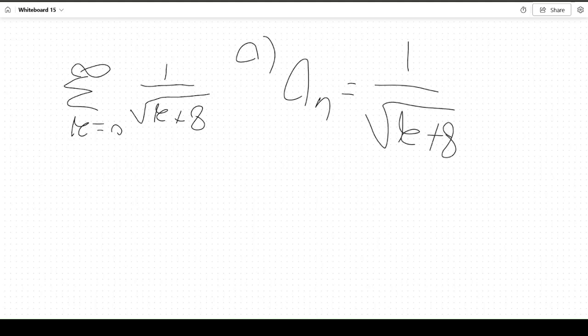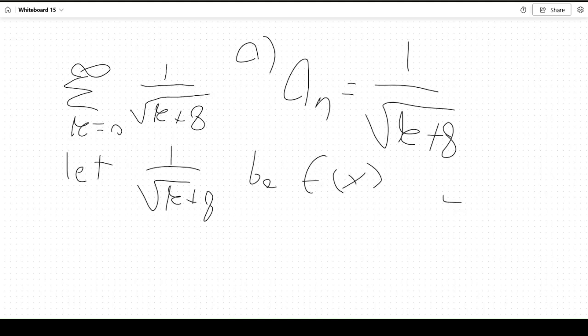Then we have to make this be f(x). So we have to let the problem be f(x). Put these square brackets from 0 to infinity because it's going from 0 to infinity.